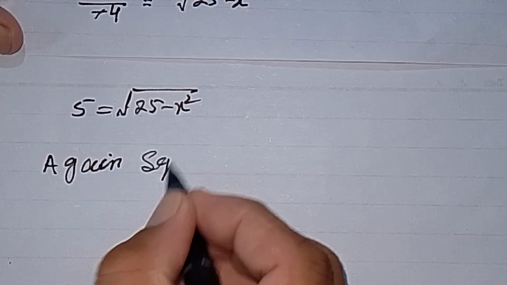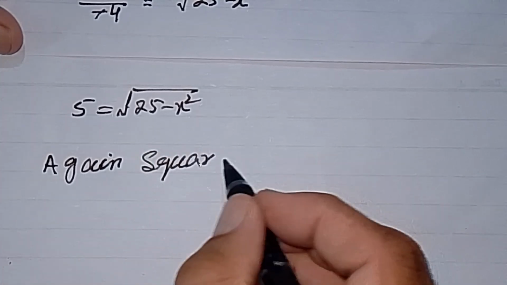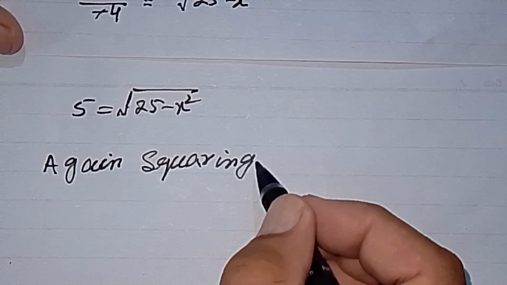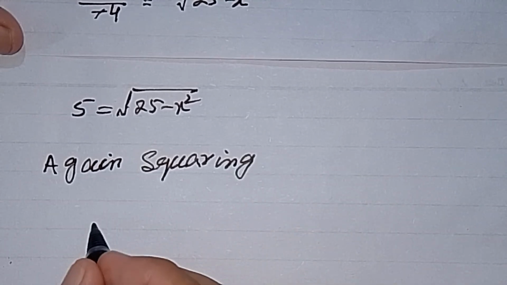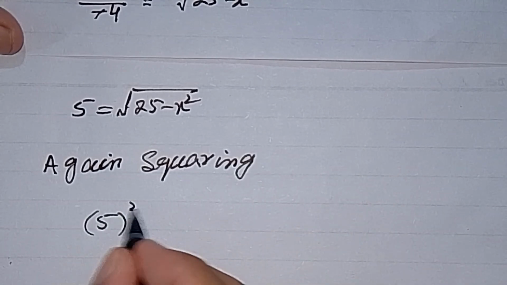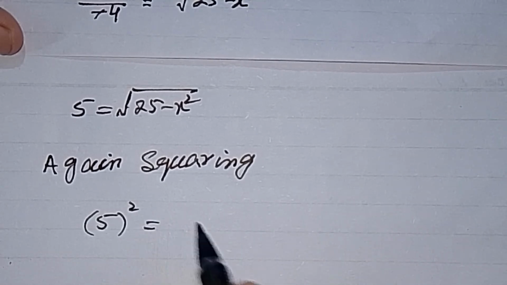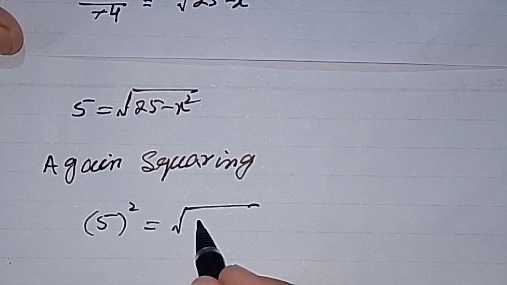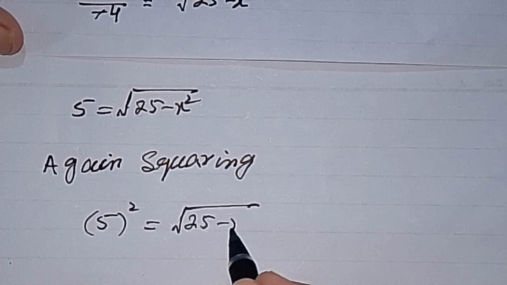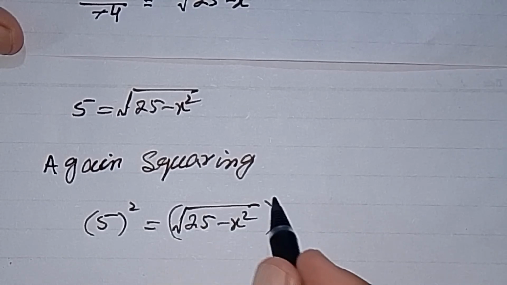Again squaring. 5 square is equal to under root 25 minus x square whole square.